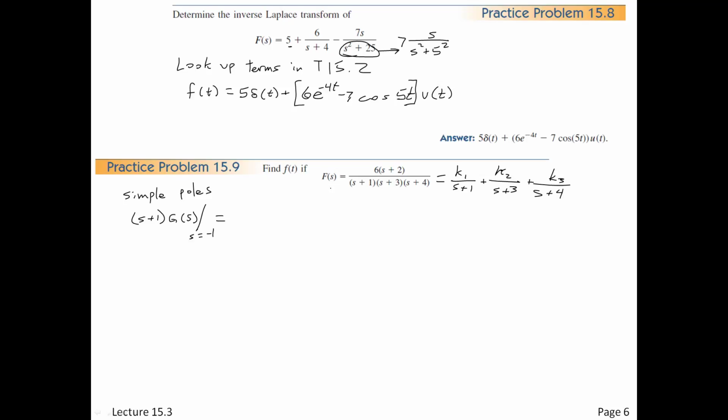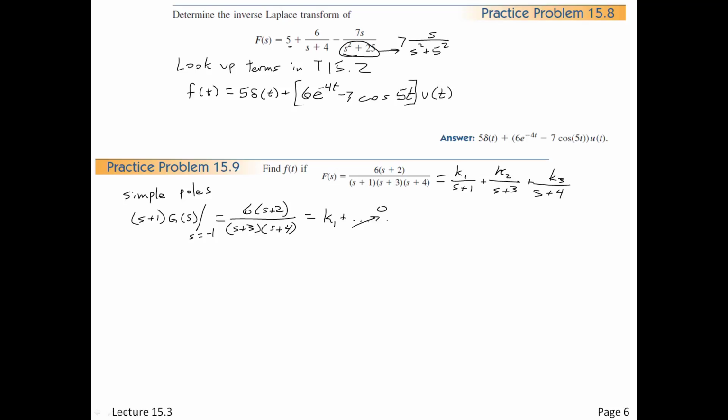That's just our Laplace transform, 6 times s plus 2. The s plus 1 will be gone. s plus 3 times s plus 4. And we're going to evaluate that, but we know ahead of time, multiplying by s plus 1, the s plus 1 will end up in the numerator of all of these terms, and this will be k1 plus a whole lot of stuff, all of which will go to 0.